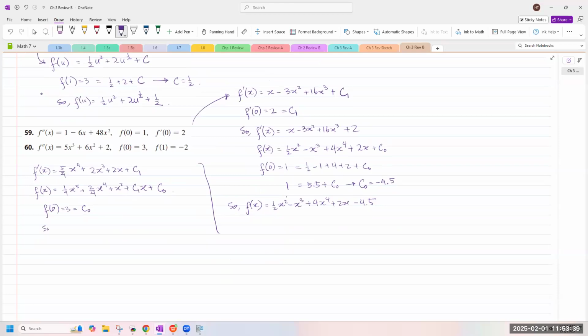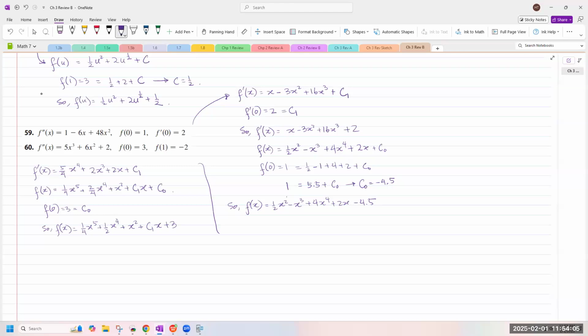Consequently, for now f(x) that we know is 1/4 x to the 5th plus 1/2 x to the 4th plus x squared. Am I missing something? Yeah, missing squared there. And then x squared plus c1 x plus 3.